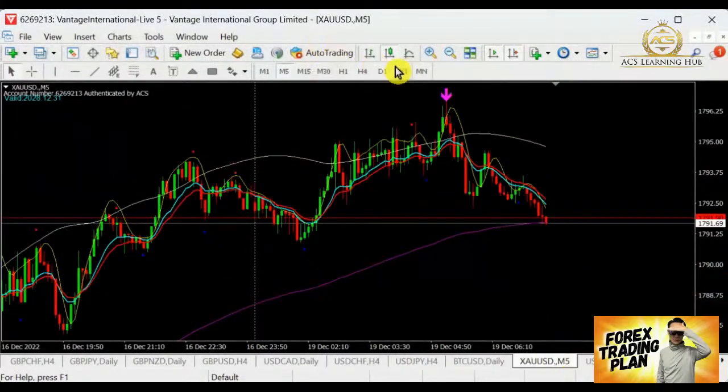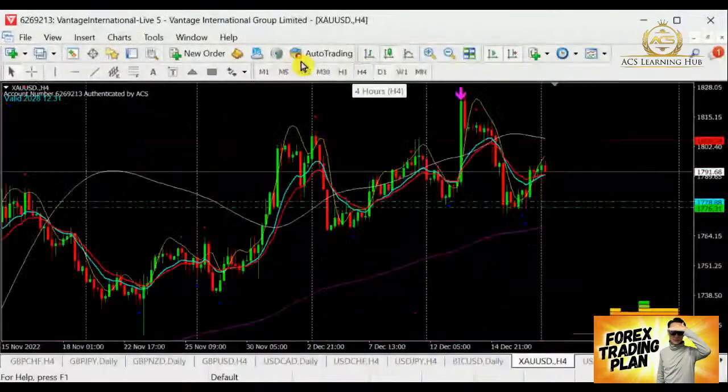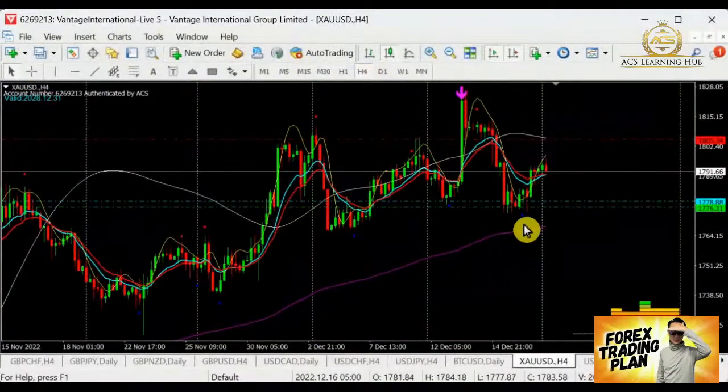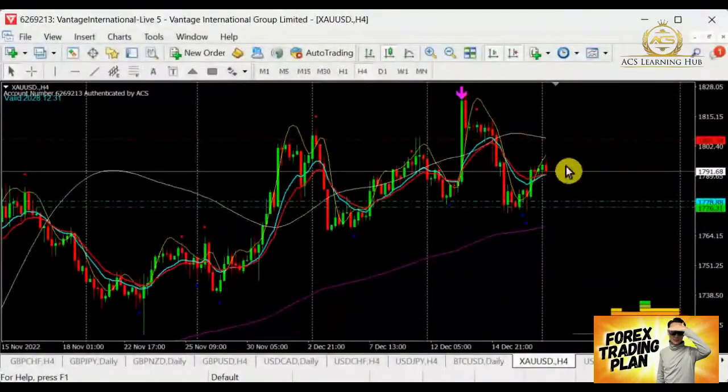How about the gold? Well, the gold general trend is still on the buying. Of course, we cannot neglect some of the selling along the way. Well, 1776, we have hit this target, and now it seems like it's going to set up the buy to continue going.